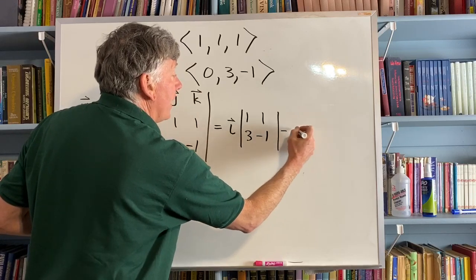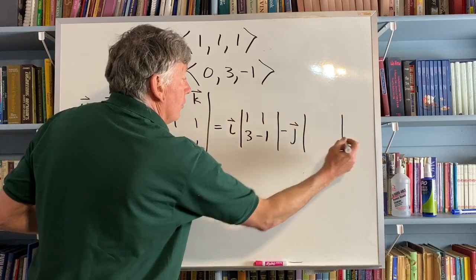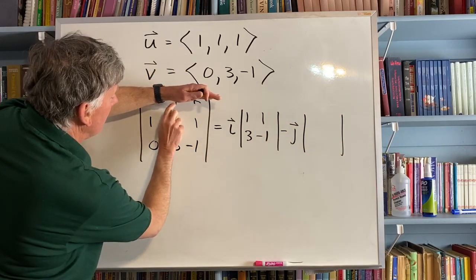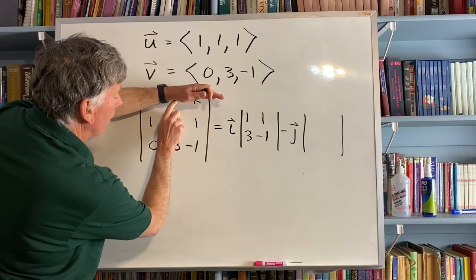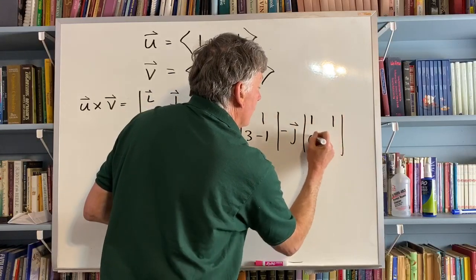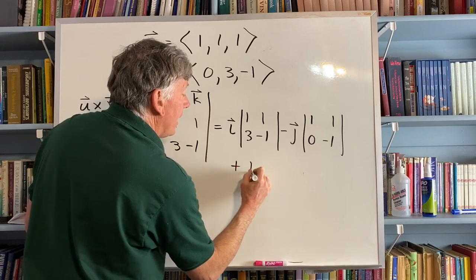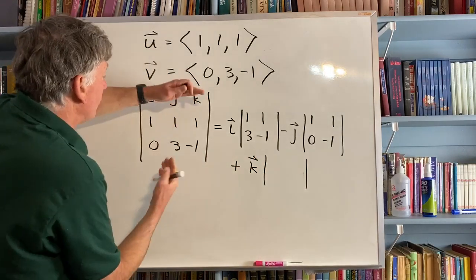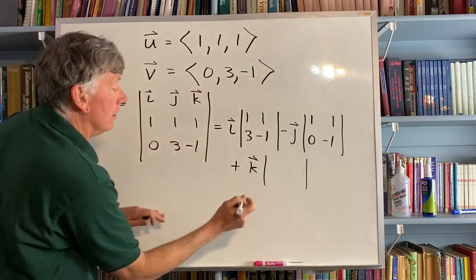Then I'm going to subtract the j unit vector times its determinant, blocking off those rows: 1, 1, 0, minus 1. Finally, I'm going to add my k vector times that determinant, which is 1, 1, 0, 3.